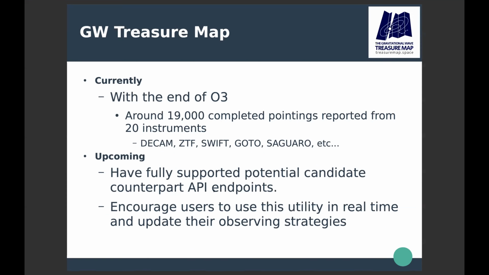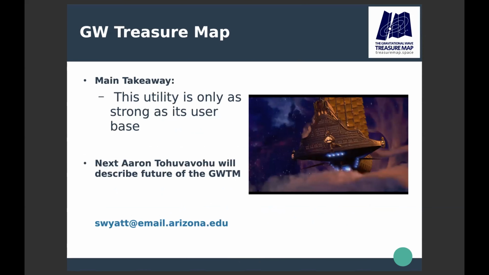What we really want to do is encourage our users to use this utility in real time and have some sort of observation plan where they are constantly pulling and updating from the Treasure Map via the API, so they can update their observation strategy and minimize the amount of time it takes to find a gravitational wave counterpart. Next, Aaron will go over the future of the gravitational wave Treasure Map. And after that, I guess we can start taking a little bit more questions.